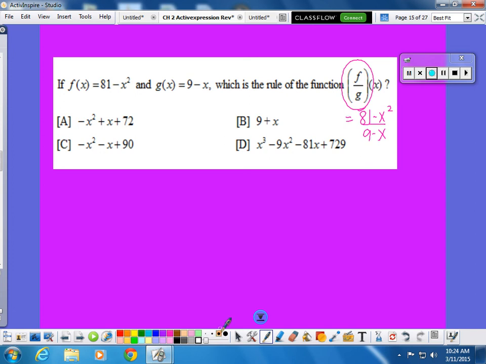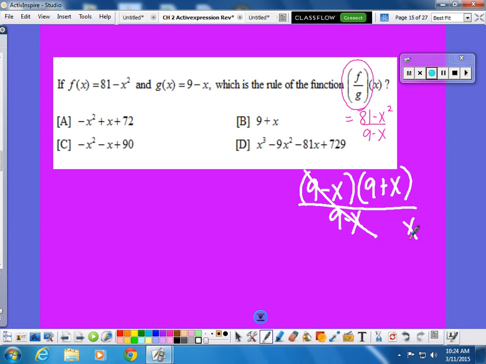And so it factors into conjugates. If I divide that by this, what happens? As long as x isn't 9, that works, because you can't have that down here. The domain of this will be all numbers except 9.